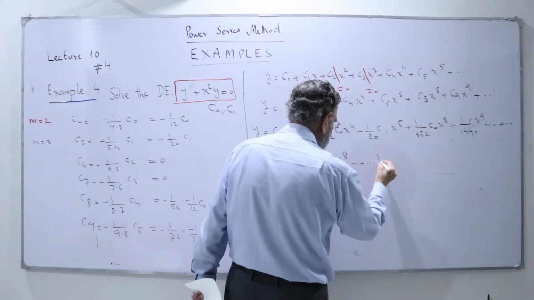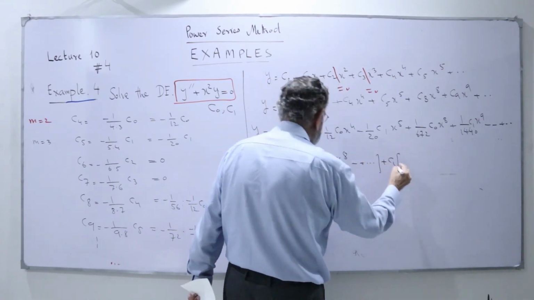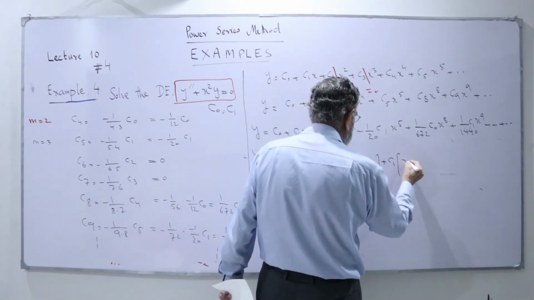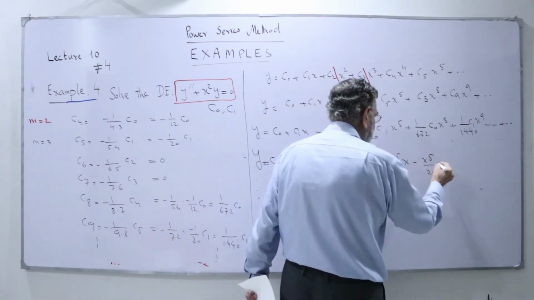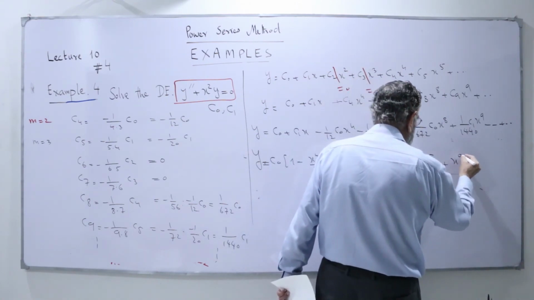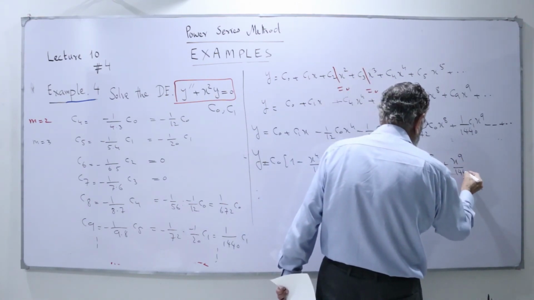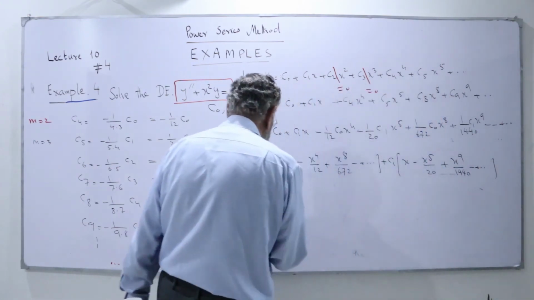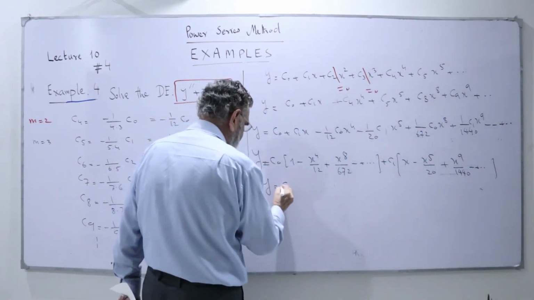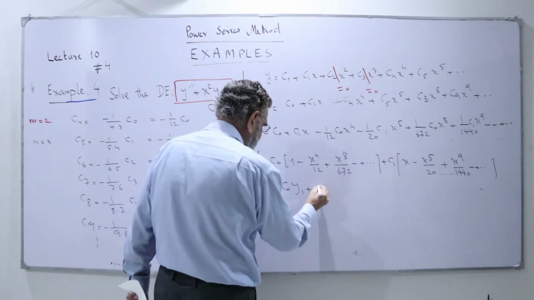Then I take C1 common: x minus x to the power 5 over 20 plus x to the power 9 over 1440, minus plus.